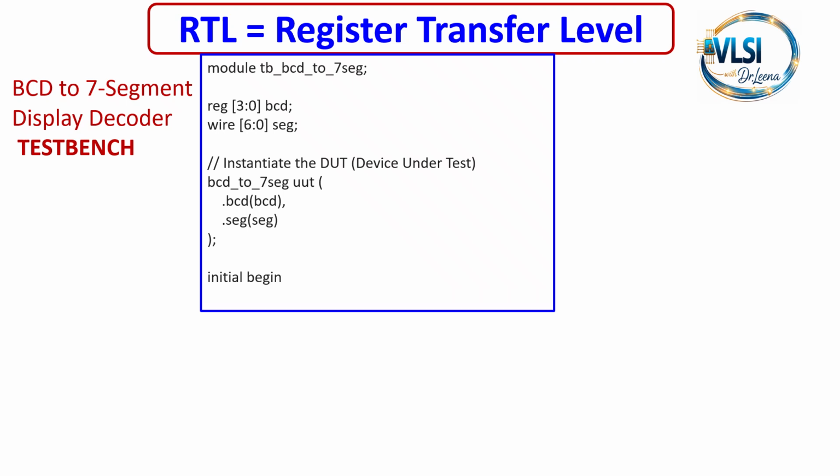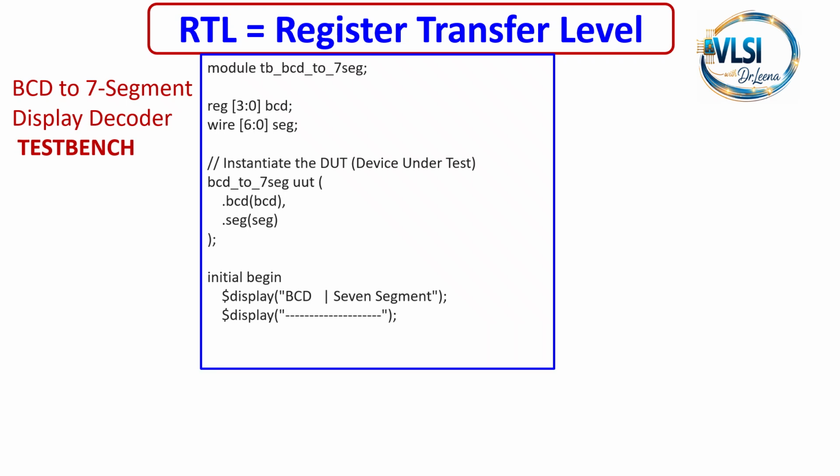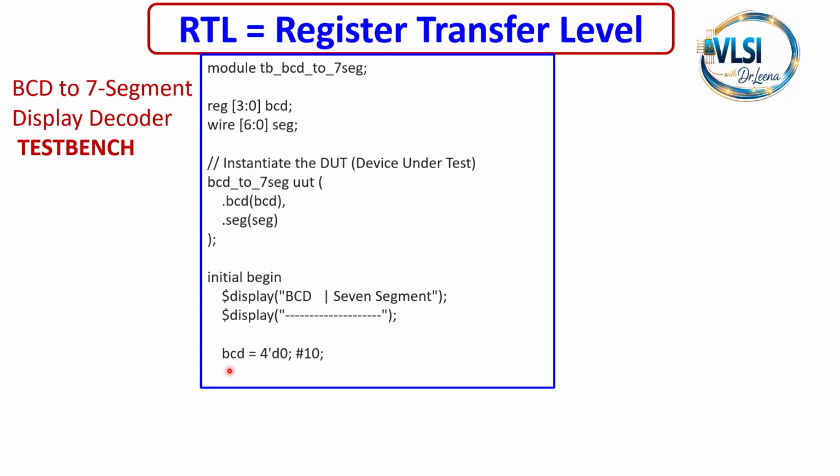After that, we begin an initial block for the test cases. First we give display, which prints the text in the simulation console, giving the output BCD and 7 segment values. Now we give the test cases: when BCD is equal to 4-bit decimal 0, perform the first operation, wait for 10 time units and perform the next test case.